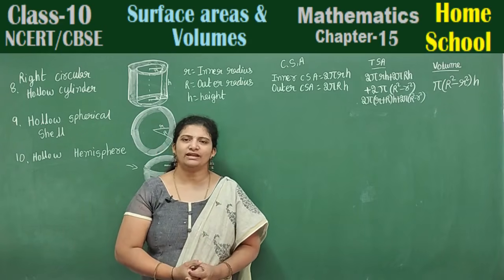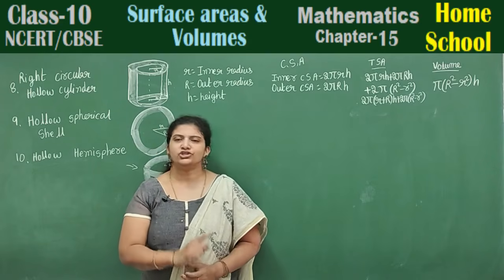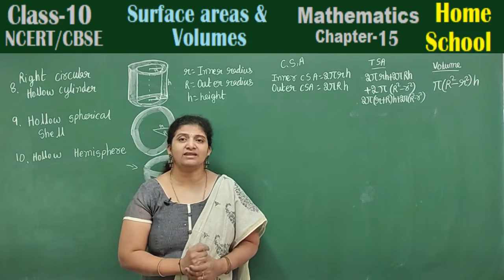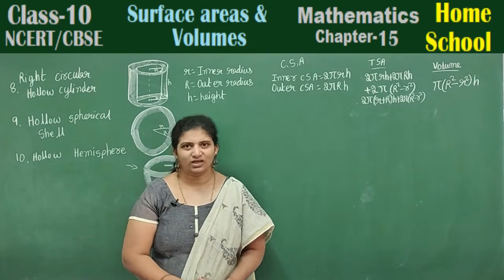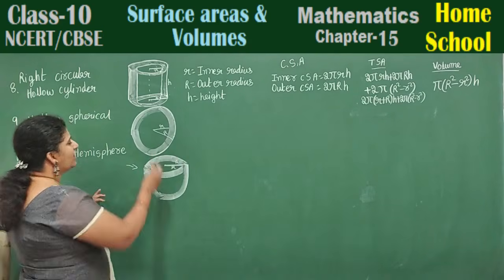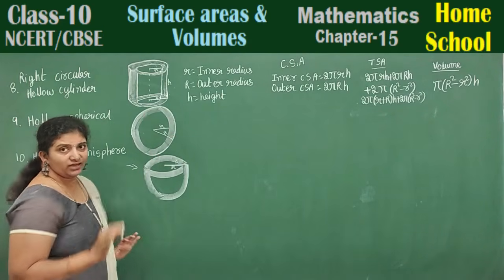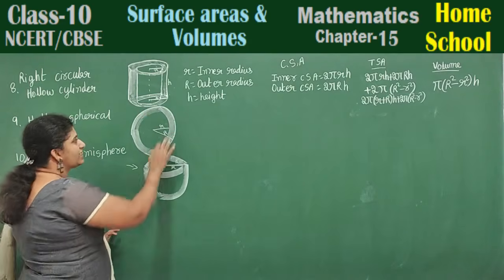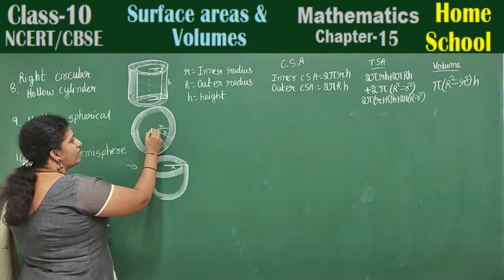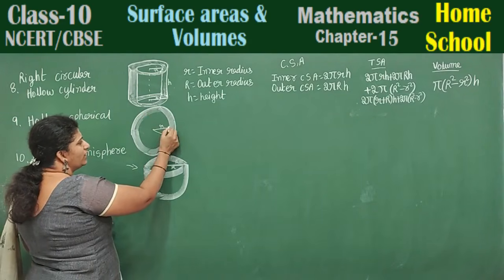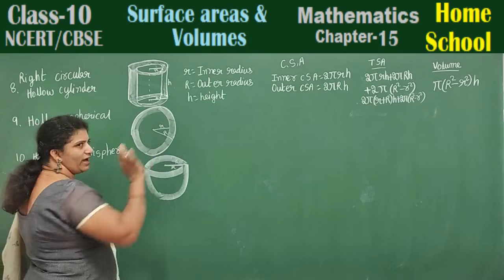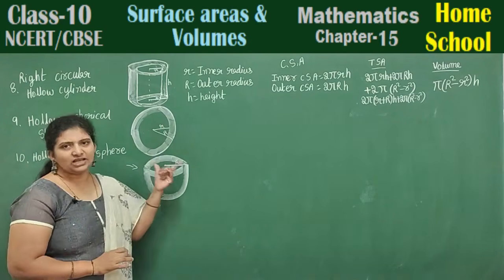We need to calculate the curved surface area, total surface area and its volume. Look here carefully. I think I have shaded clearly, right? You cannot see any hole. From the center to here, there is a coconut part. Just imagine, children.